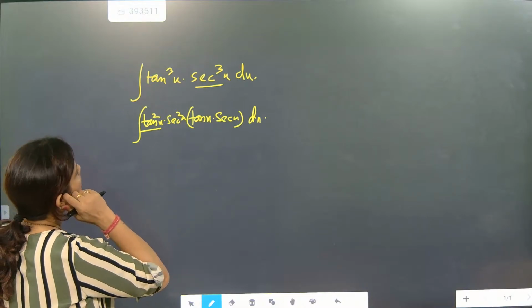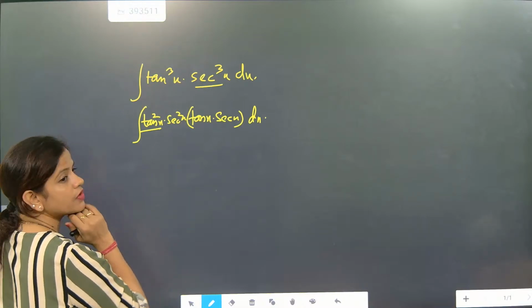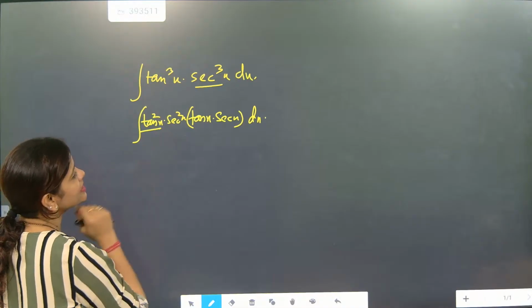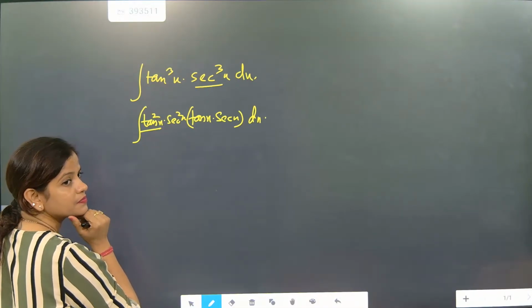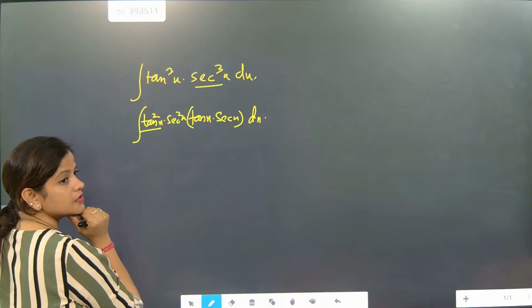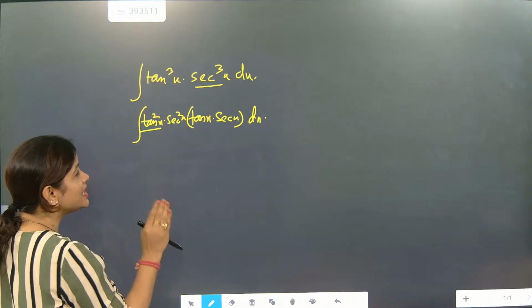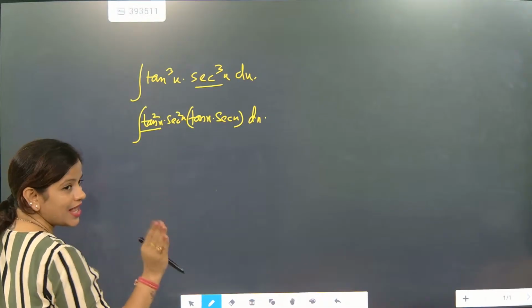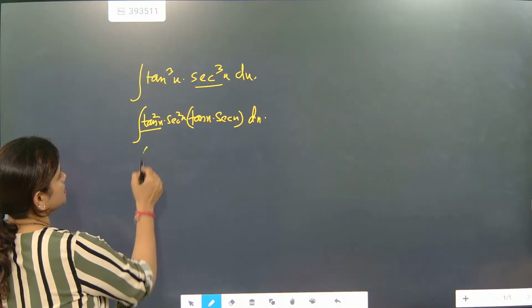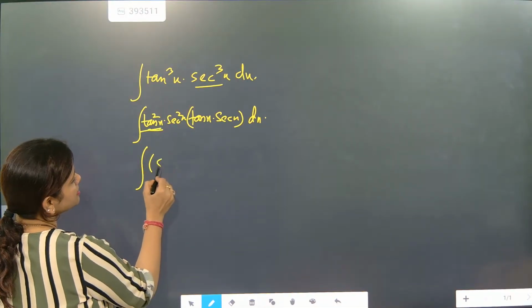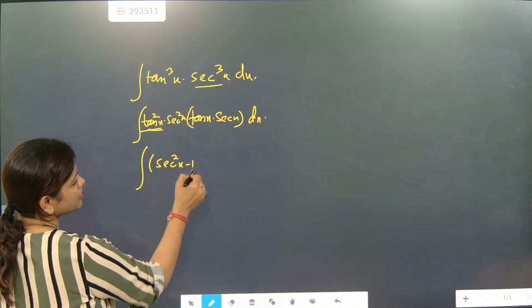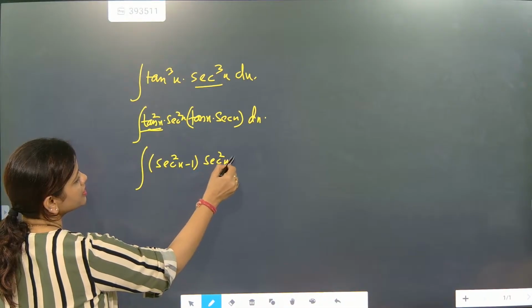Now look here. If we take tan x is equal to t, what will happen? If we take secant x is equal to t, then what will happen? Secant x is equal to t I am taking. Then tan square x will be written as secant square x minus 1 into secant square x.